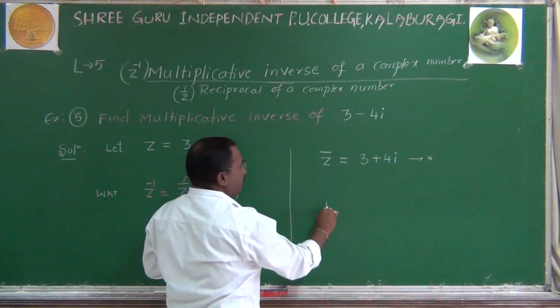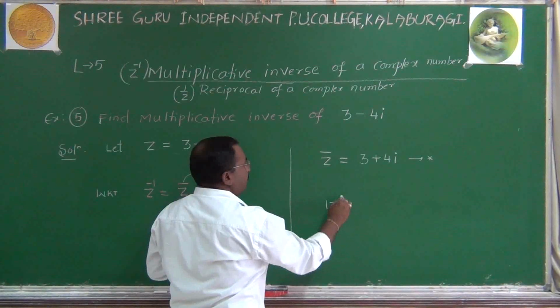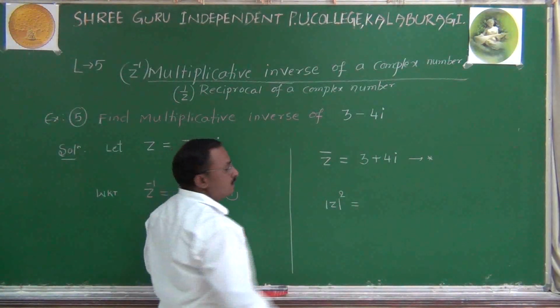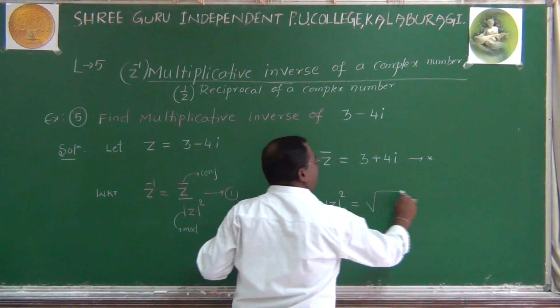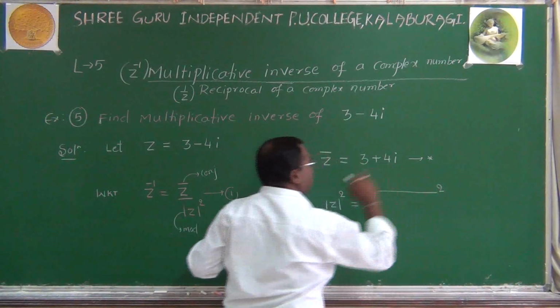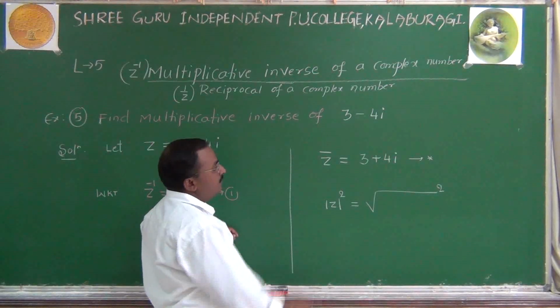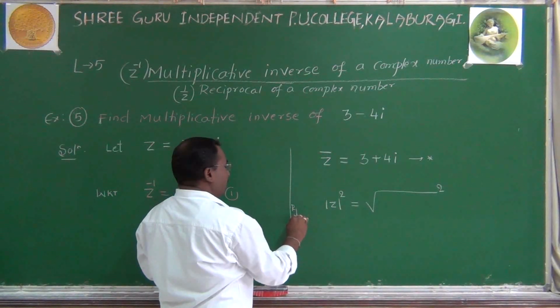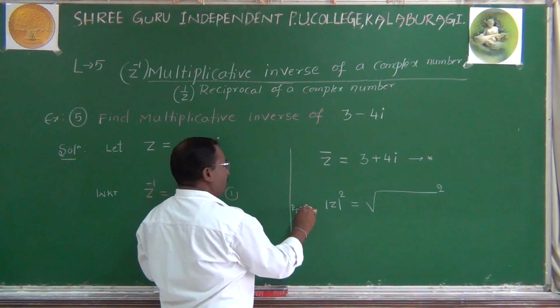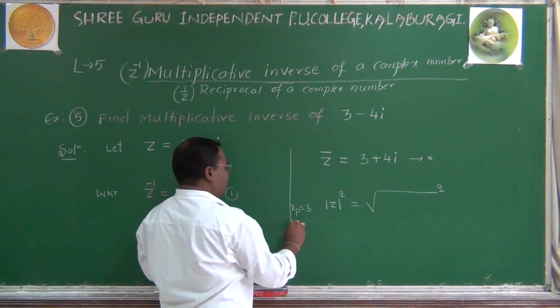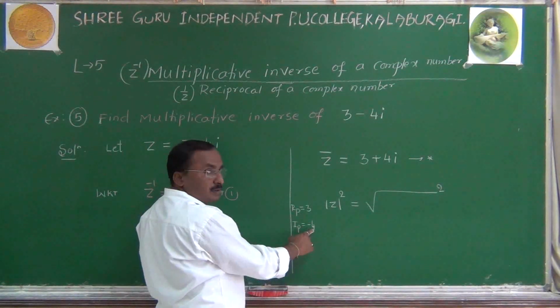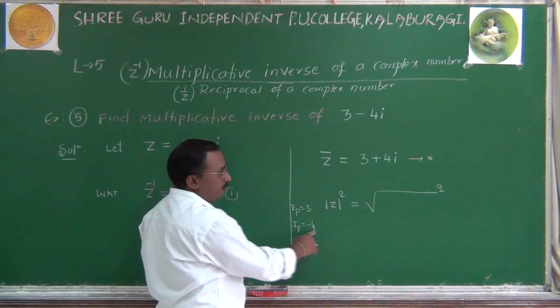To find modulus of z whole square: modulus of z is the square root of real part square plus imaginary part square. In this place, real part is 3 and imaginary part is minus 4.